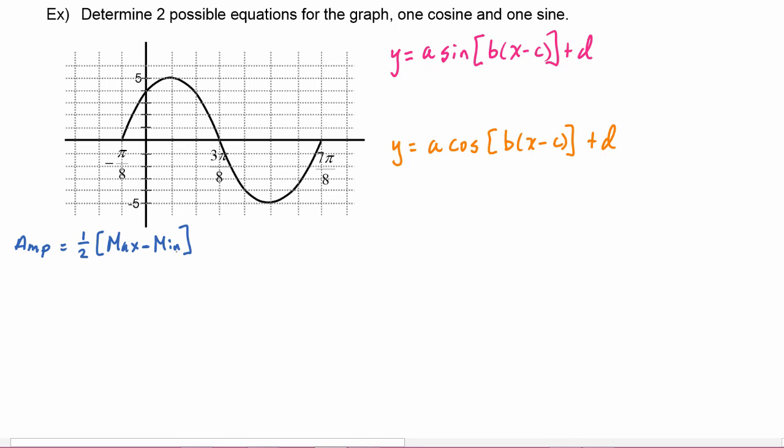Now, when we look at this function, we see the maximum is here at 5, and the minimum is here at -5.